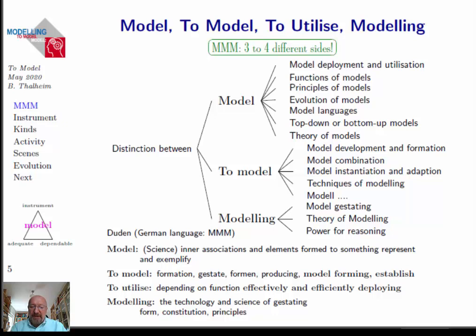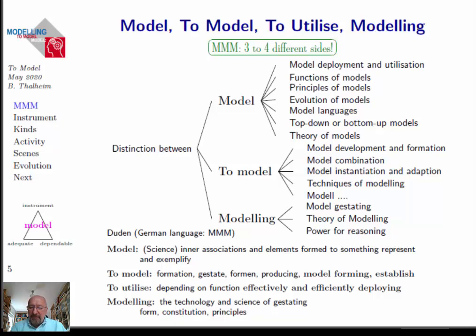When we were writing the book on MMM, we had in mind 4 or 3 different sides of what we do with models. One is to have a model. Another one is to develop a model, that means to model. And the third one is to utilize a model.